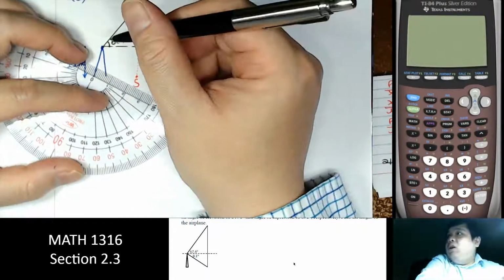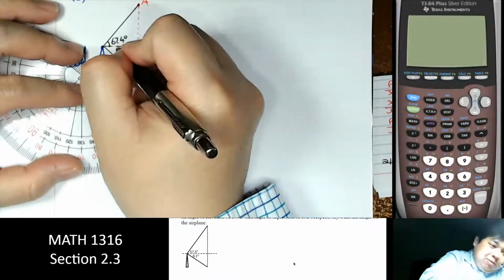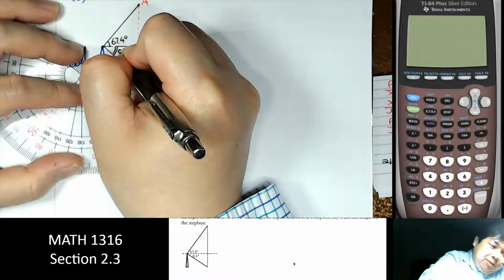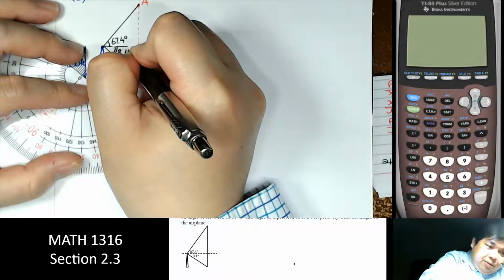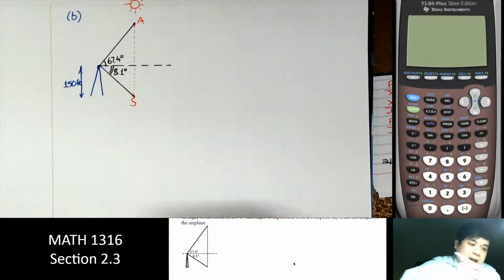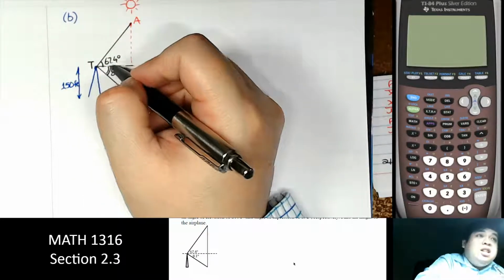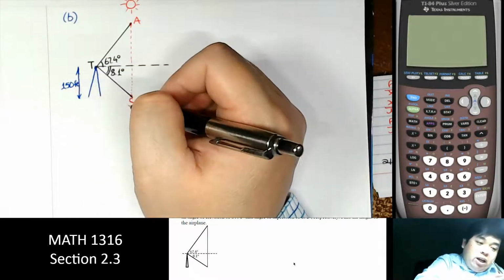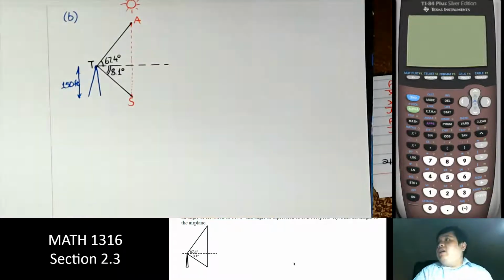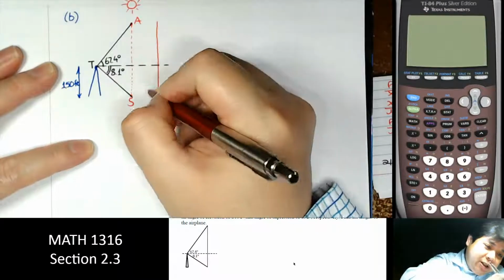And looking down to the shadow is 8.1 degrees. And this is the tower. Looking up to the airplane, 67.4 degrees. Looking down is 8.1 degrees. And the question is, find the height of the airplane. What is the height of the airplane here?